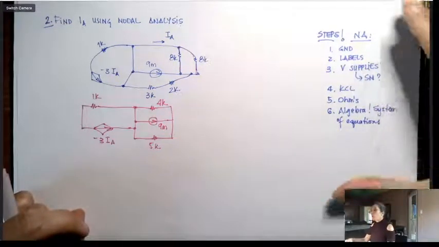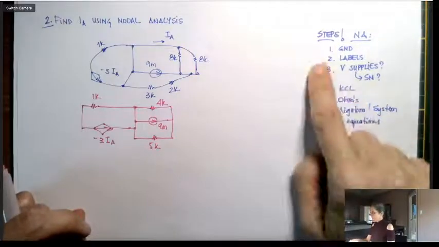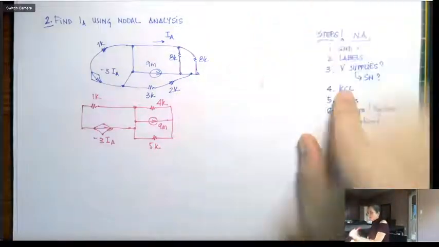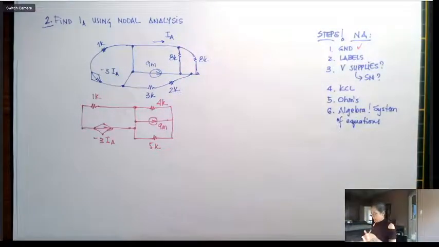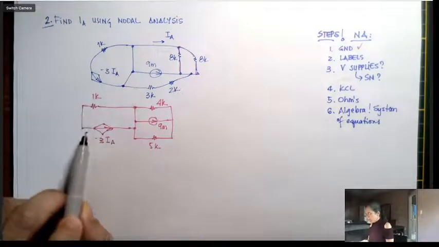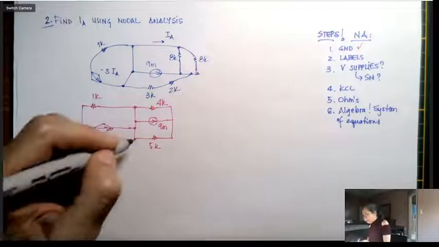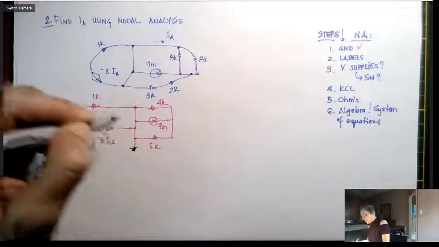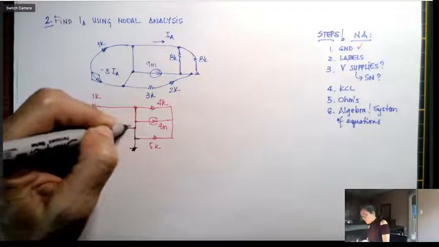In class I wrote a whole page of these steps, but the first step is to find or define ground. This node only has these two components, and this node has everyone, so I'm going to call this node here ground.